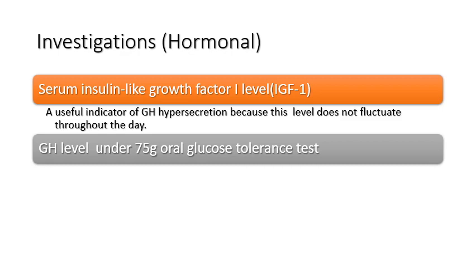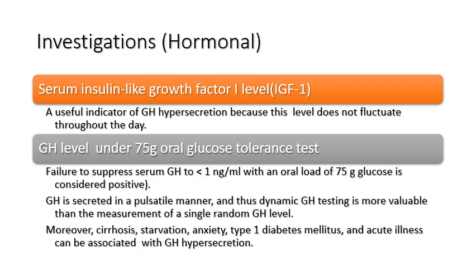As I said, as a result of the fluctuating effect and variability in the growth hormone level, we cannot diagnose growth hormone excess or acromegaly by simply measuring random or even fasting morning growth hormone level. So we have to do a dynamic test in this situation. The dynamic test involves a growth hormone suppression test, measuring the growth hormone after a 75 gram oral glucose tolerance test, done after an overnight fast.